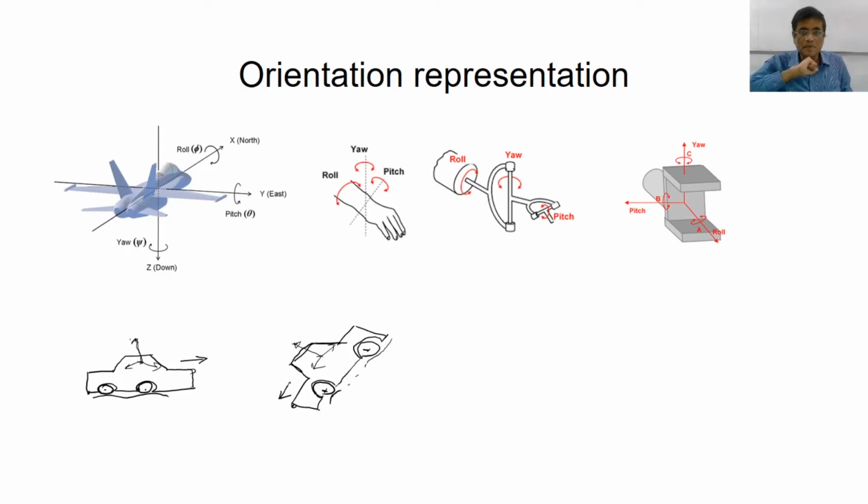But in doing so, the fundamental problem is that orientation is non-intuitive. Say for example, here I have tried to draw a car. This is the front side of the car, and suppose this is the body coordinate frame of the car moving in this direction, and from this direction the car has rotated and come to this direction.